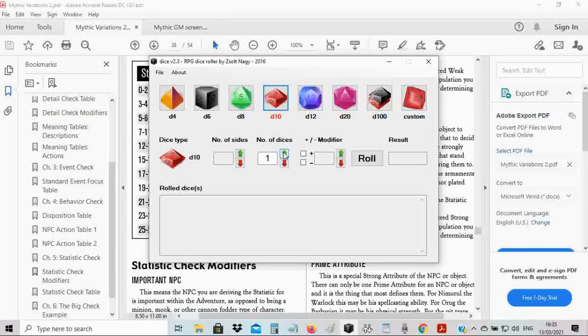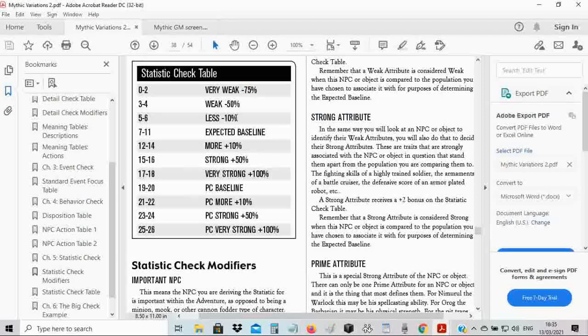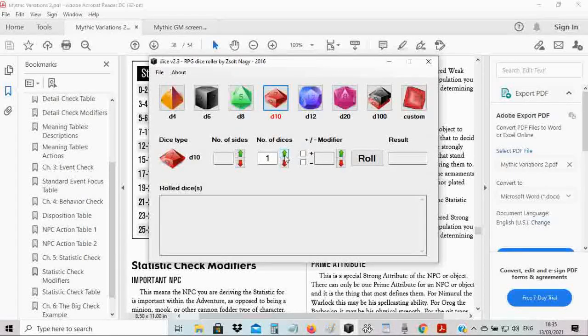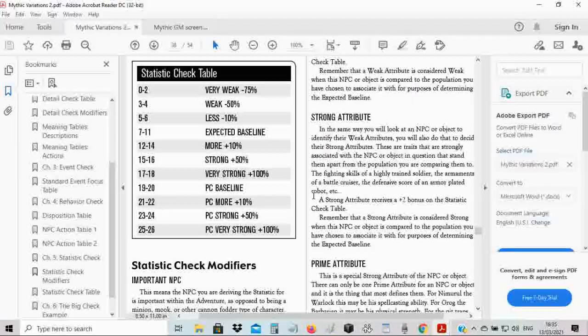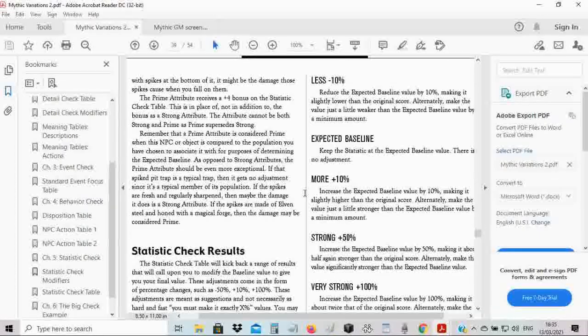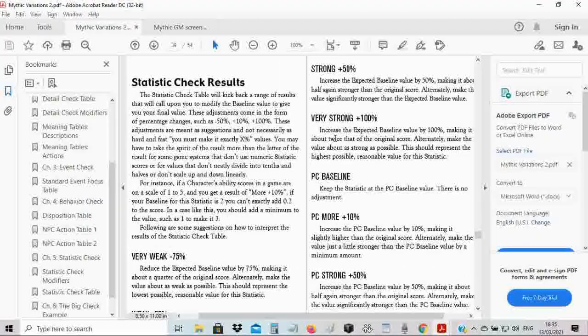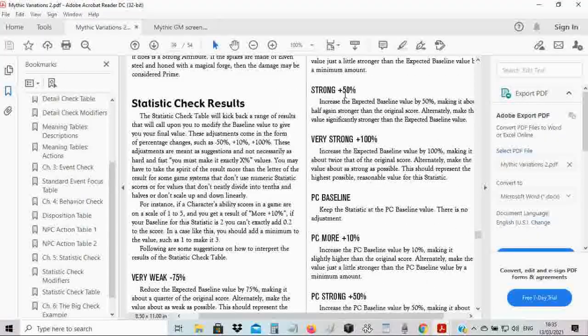Does he hurt the vampire, for example? So we talk about strong, plus 50%.